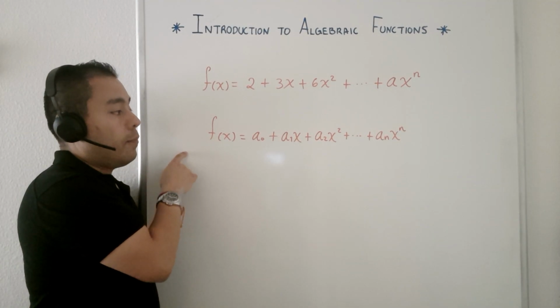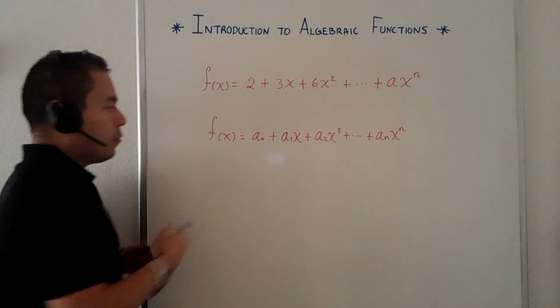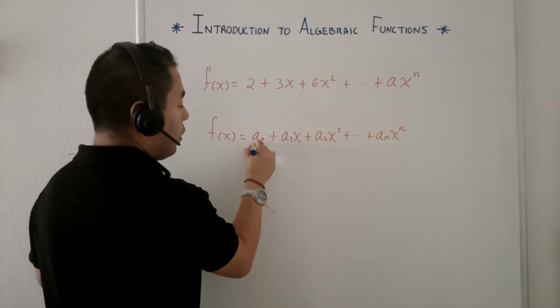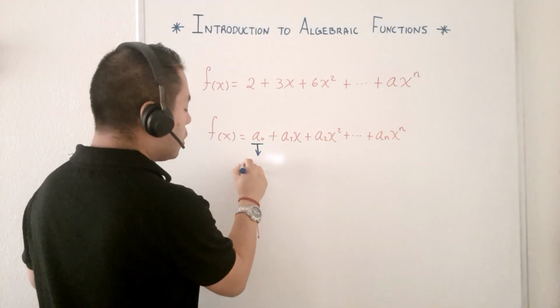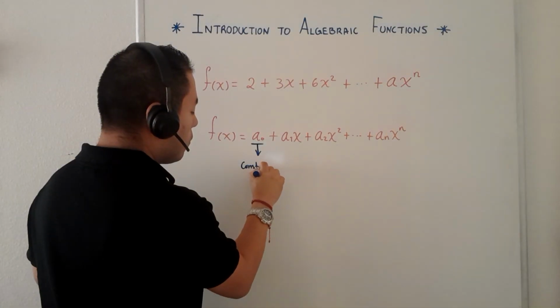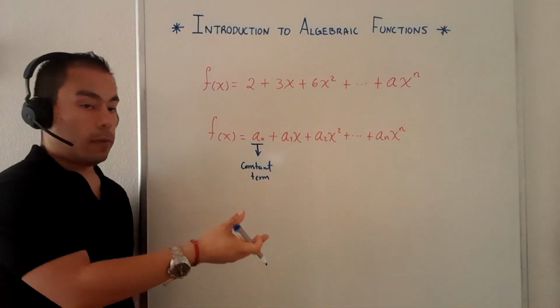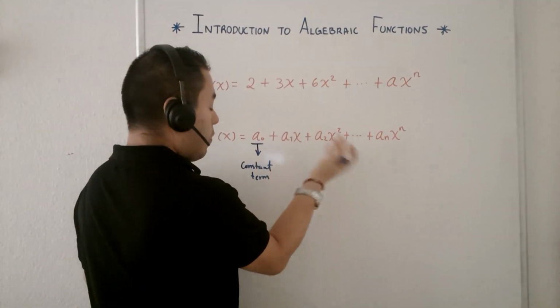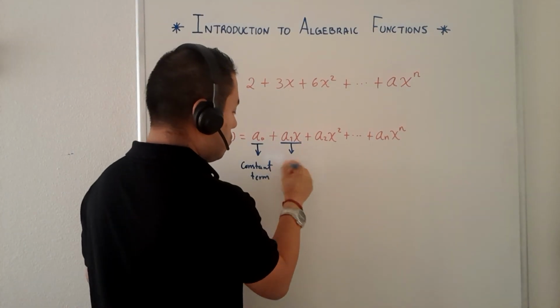As you observe here, we have different terms, as I have called them. We have a term here that normally is called the constant term, because it doesn't have a variable, it doesn't have x. Then we have other types of terms here. For example, this is a linear term.